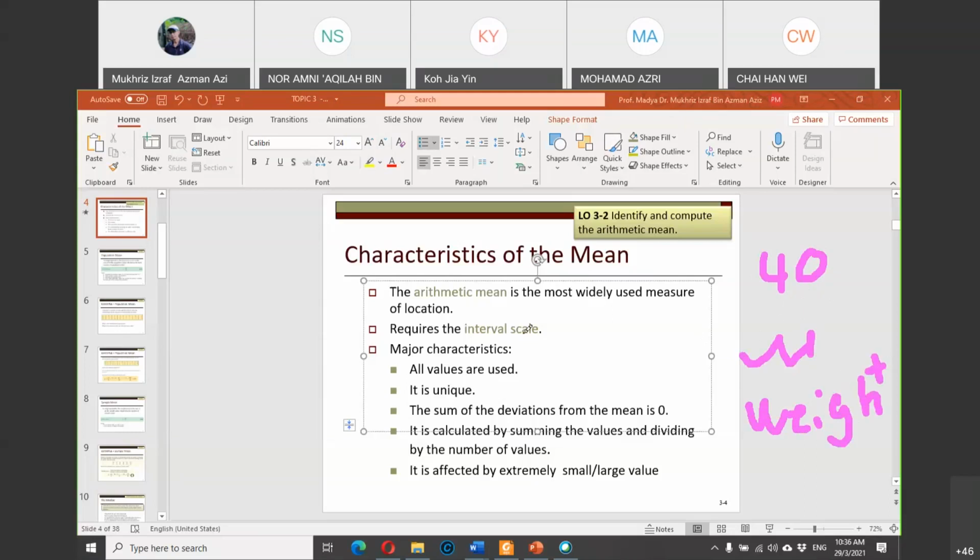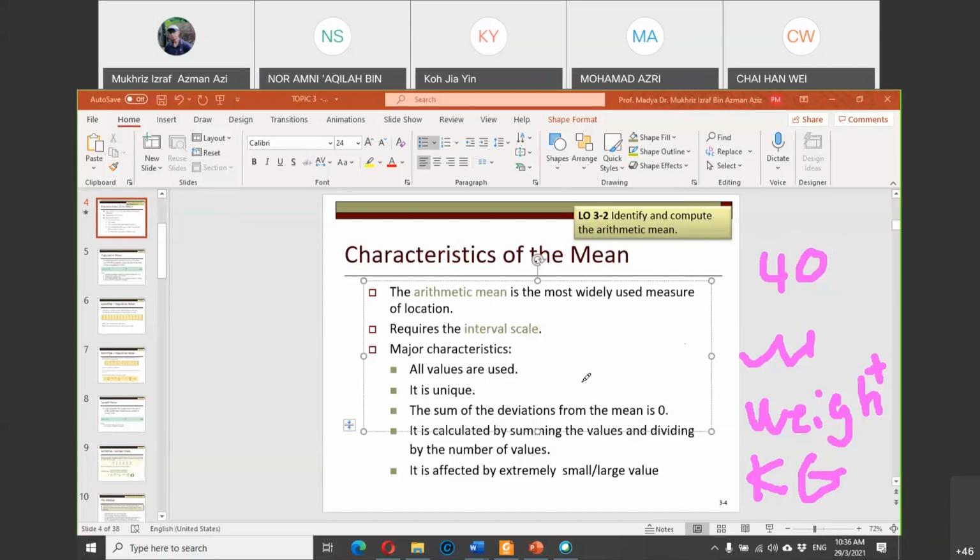If you want to calculate the mean weight from student number 1 until student number 40, you need to add everything and divide by 40.